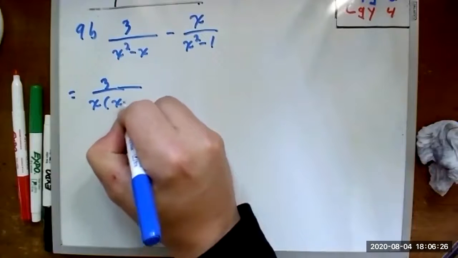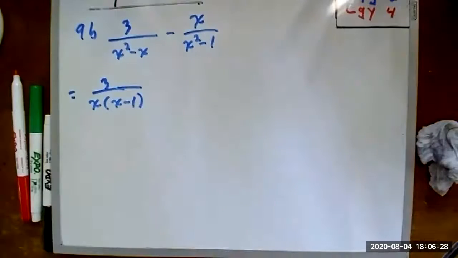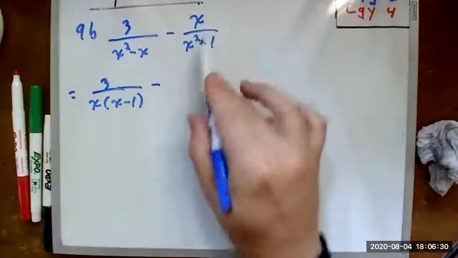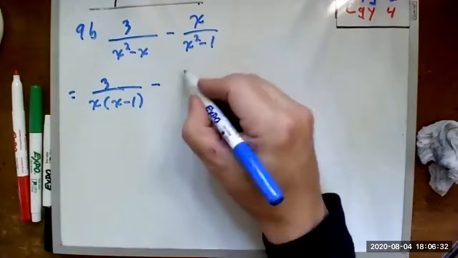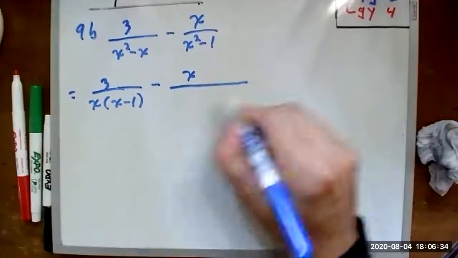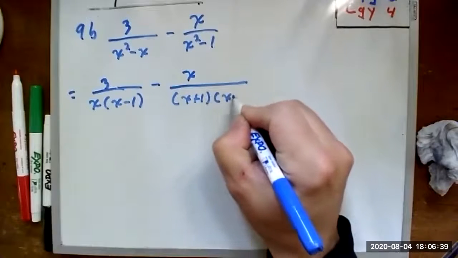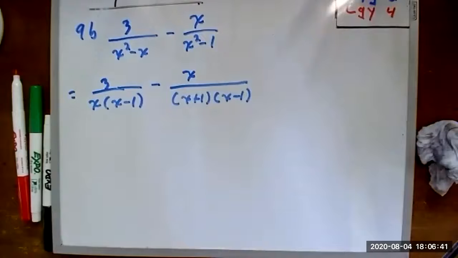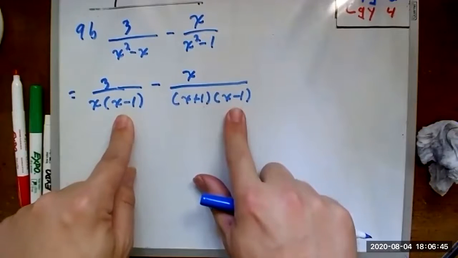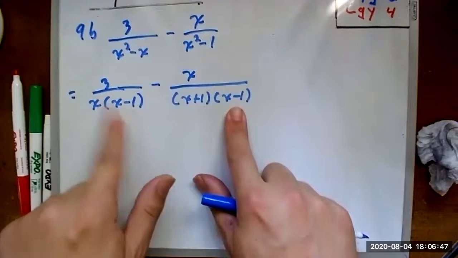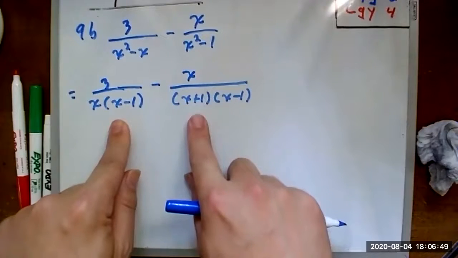So I end up here with a 3, and my common factor here is x, so I do that, and then I have x minus 1. Here, this is a difference of squares in my denominator, so this factors into x plus 1 and x minus 1.